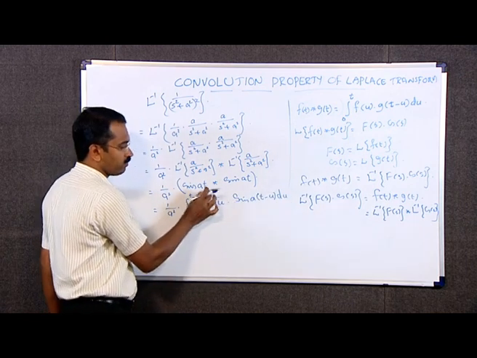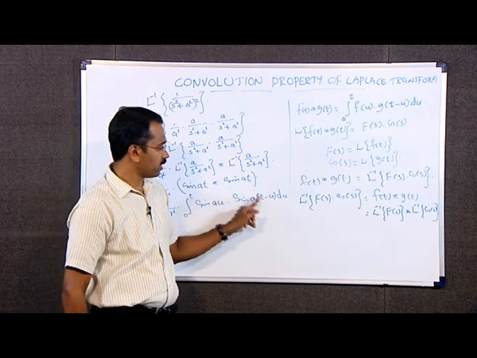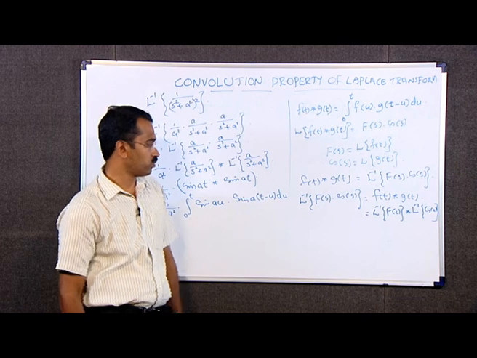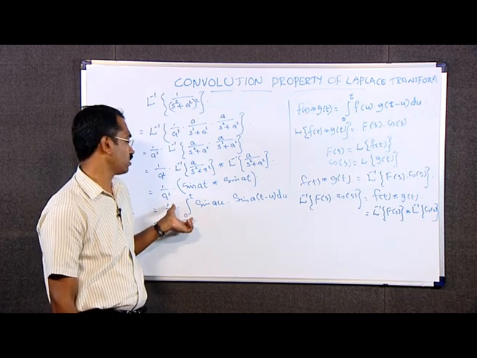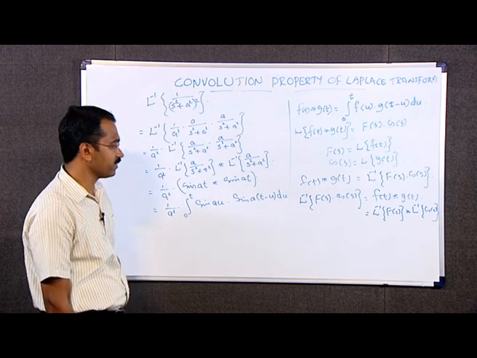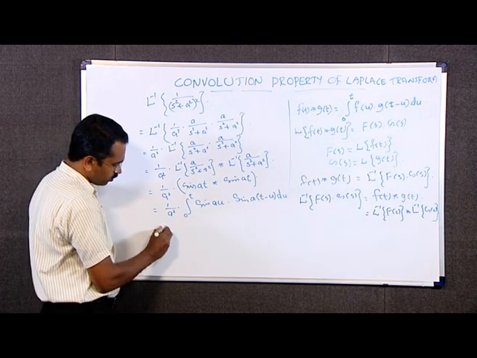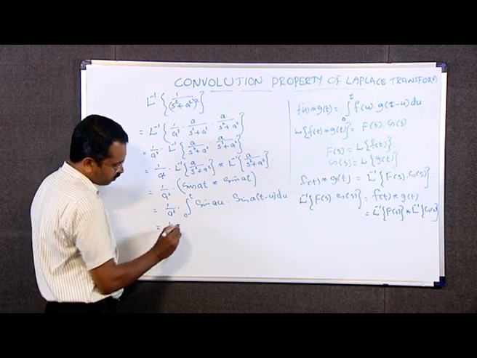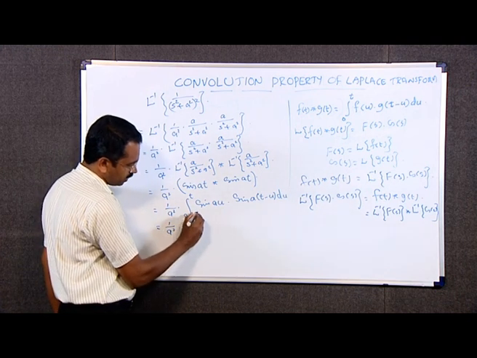In one function we replace t by u, and in the other function we replace t by t minus u, and then taking the product and integrate between the limits 0 and t with respect to u, which is the definition of convolution. This is equal to 1 by a square into, here we can write integral from 0 to t.